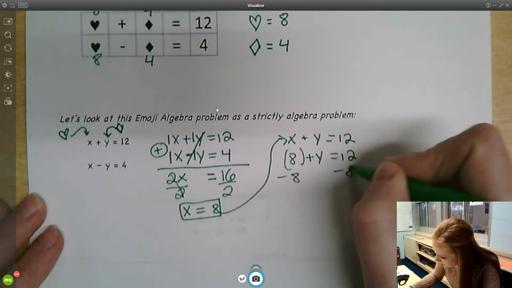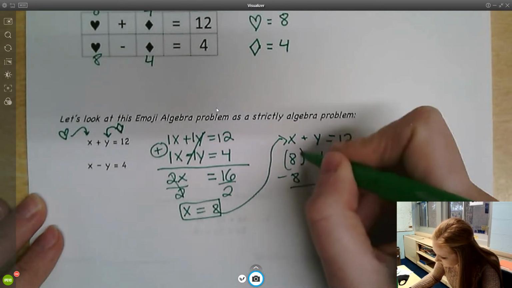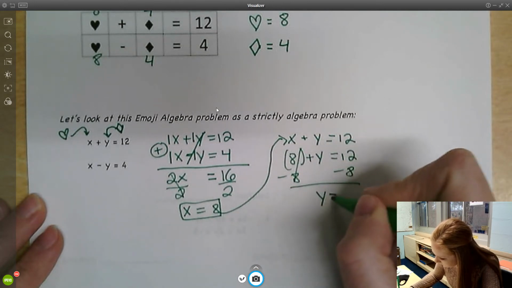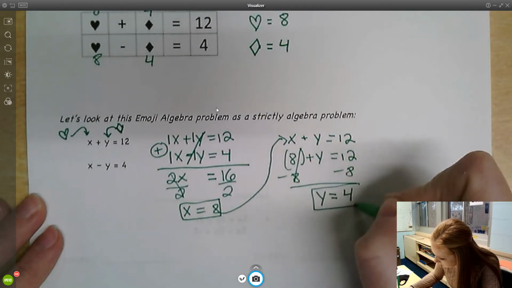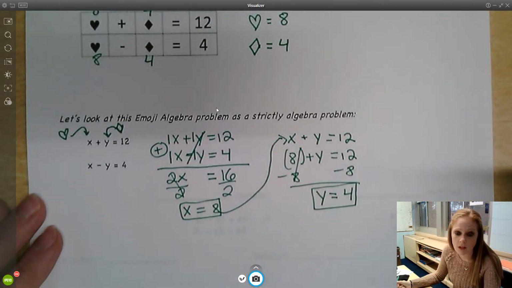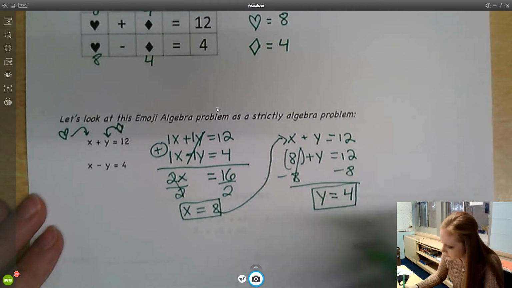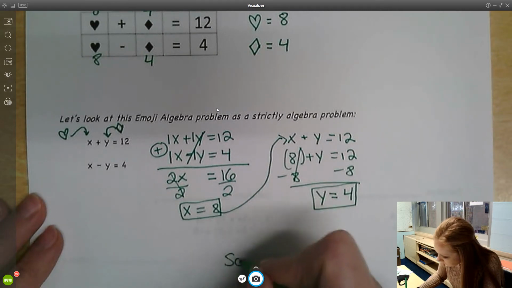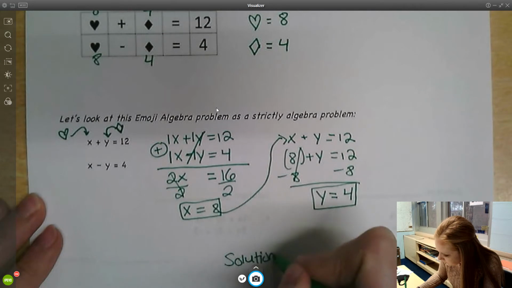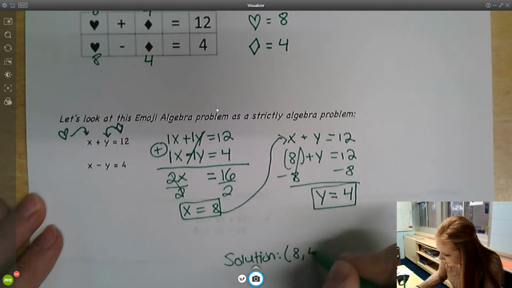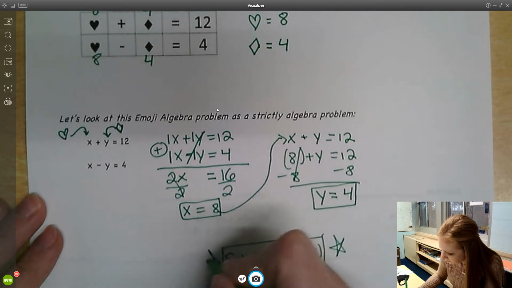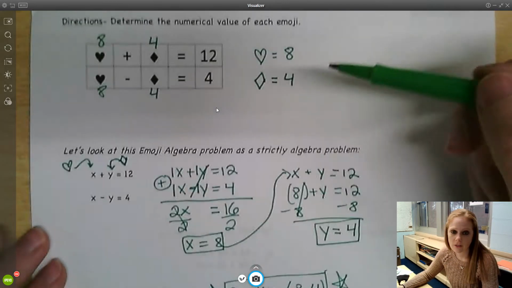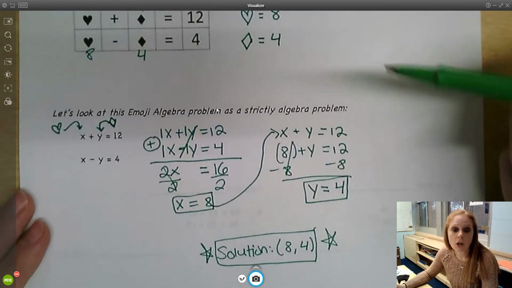Minus 8 on both sides. 12 minus 8 is 4, so we end up with our answer of y being 4. So sure enough, our solution is 8, 4. And remember, we had figured out that our heart was 8 and our diamond was 4, so it makes sense.